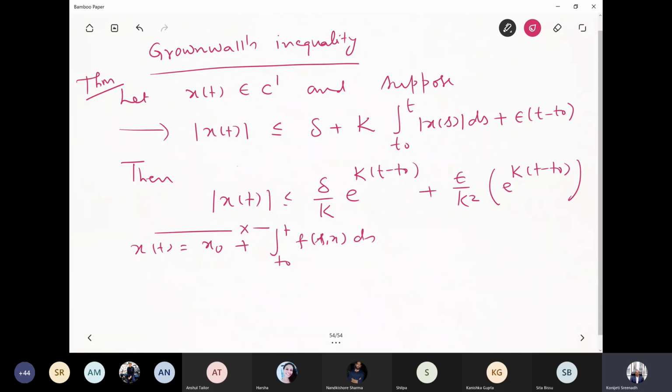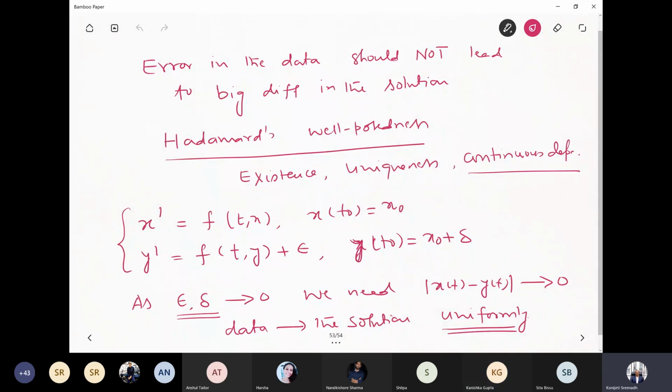This is one. And the other one, y(t), satisfies x naught plus delta, that is the initial value, plus the integral from t naught to t of f(s, y(s)) plus epsilon. So these are the two problems that we considered here, x and y.